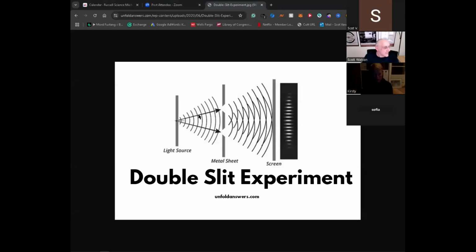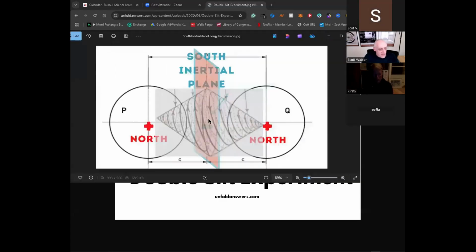So this gives you the idea of that. You could see how this is radiating outwardly. With Russell, from the point of the light source to the screen, he would say that somewhere in between that space, there is the south inertial plane, our good old, this guy right here.